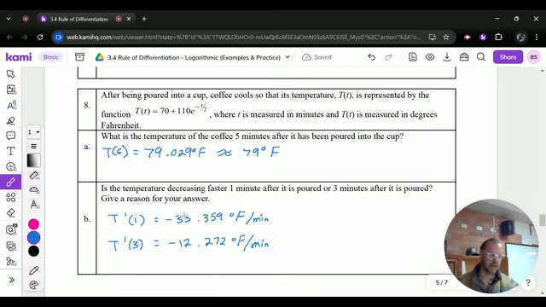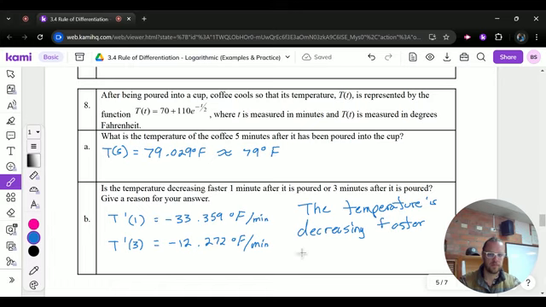So, of course, if you've taken some science or physics, we know that it's dissipating or diffusing into the air much faster. So that heat is being conducted out into the colder air. And so what this means is that the temperature is decreasing faster at, sorry, not capital T, lowercase, time is 1, than t equals 3.